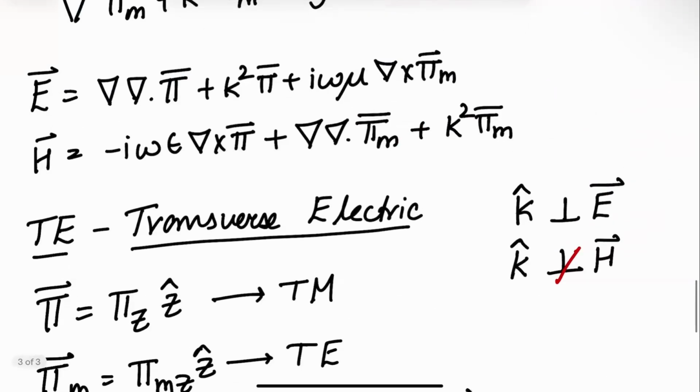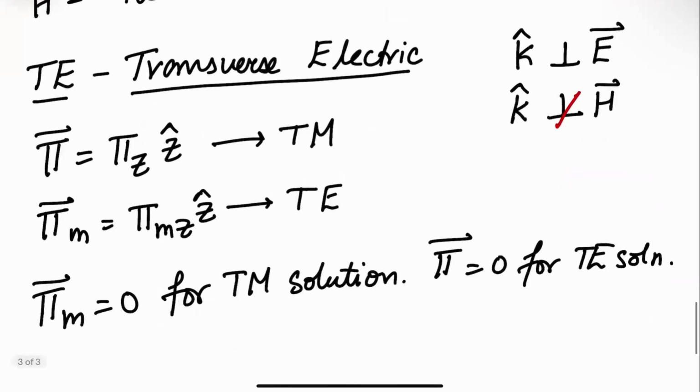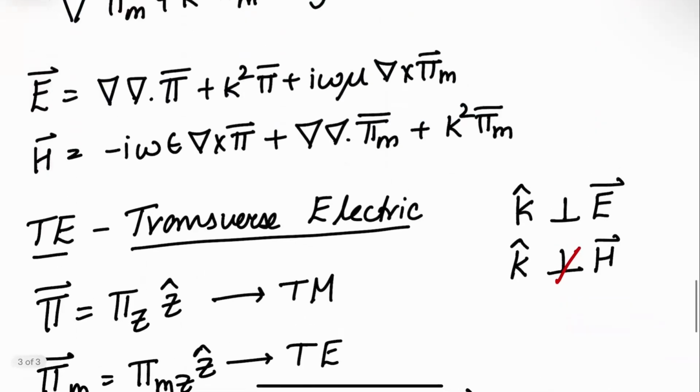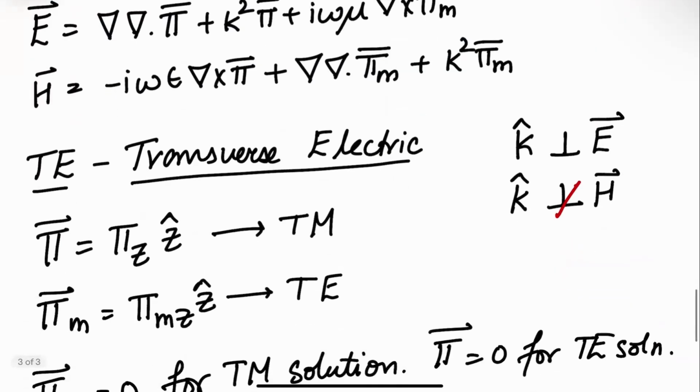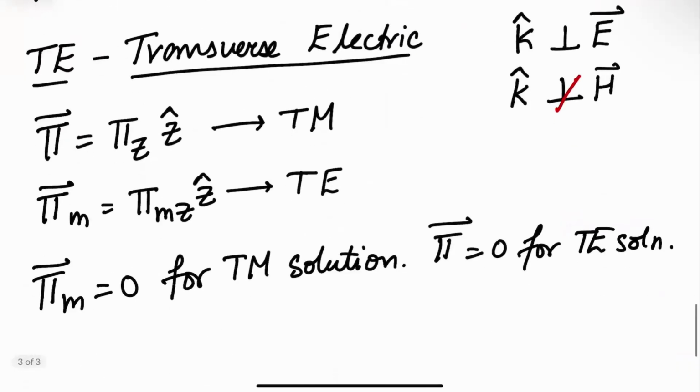Why is that? If I want Te, that means my electric field has to be transverse to K, right? Now if I go back here, let's say K hat is z hat.